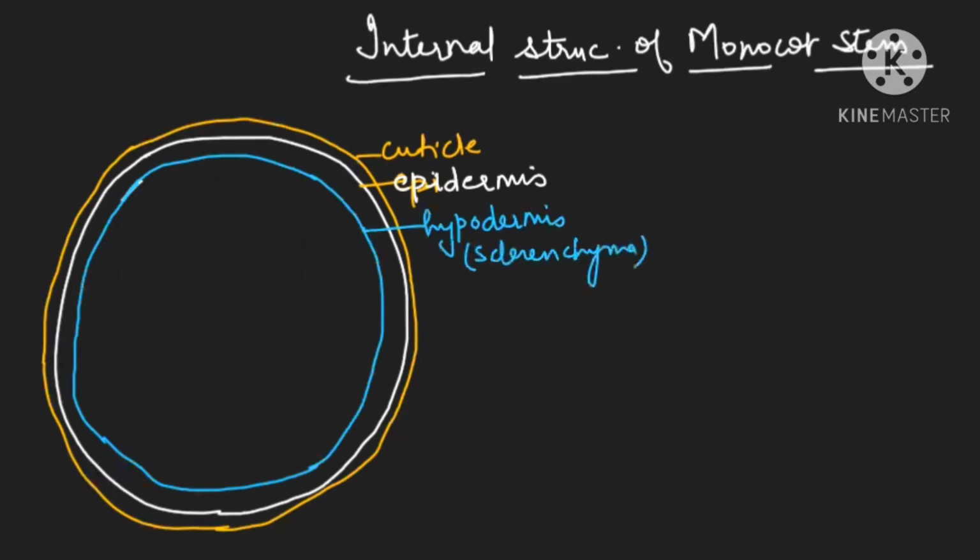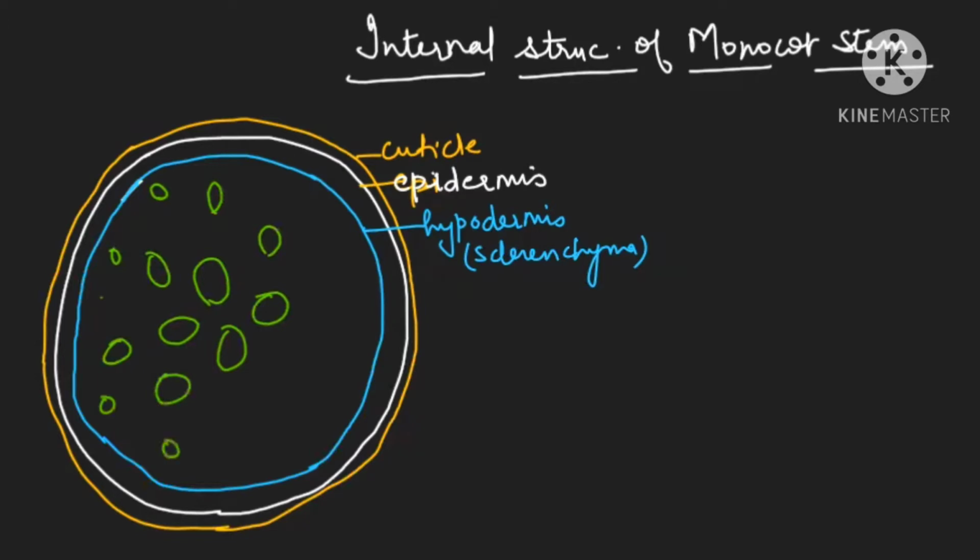Now after this, you will not find any differentiation into endodermis or pericycle. You will see only ground tissue, which has scattered vascular bundles. The vascular bundles in the center will be big, and slowly, as they move outside, they become small in size. The vascular bundles are scattered, with no proper ring arrangement.